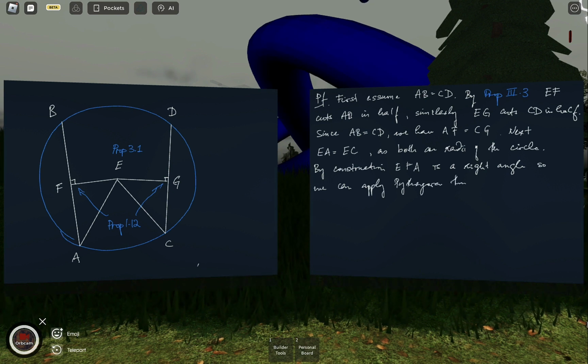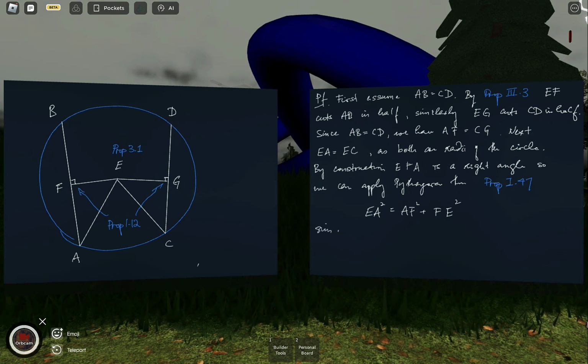Which is proposition 1.47, and gives us EA squared is equal to AF squared plus FE squared. Let's just check. EA is indeed the line opposite the right angle, so that's the hypotenuse, so that's good.